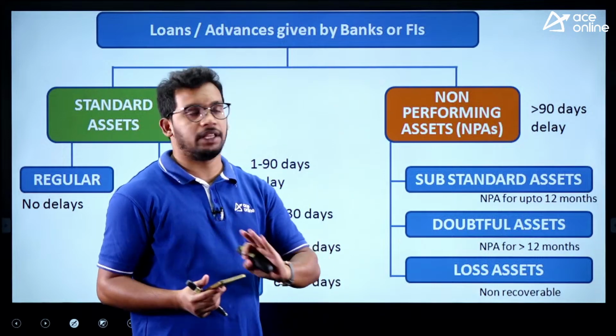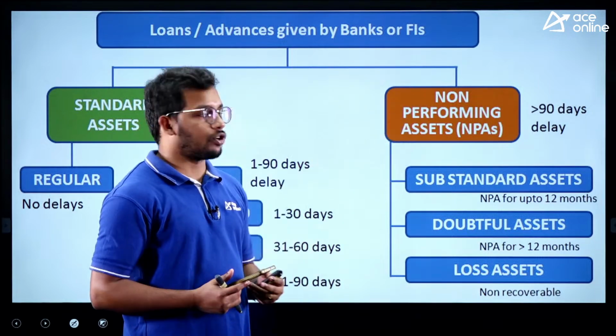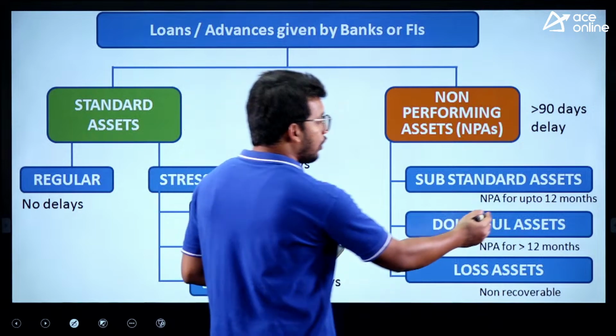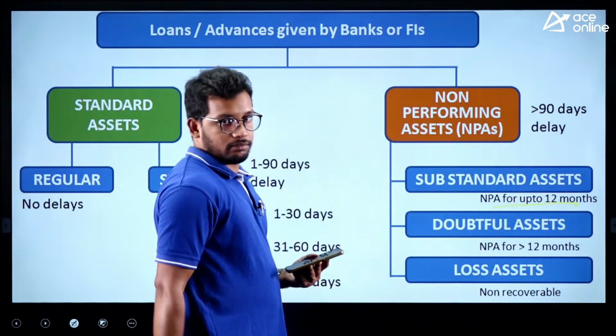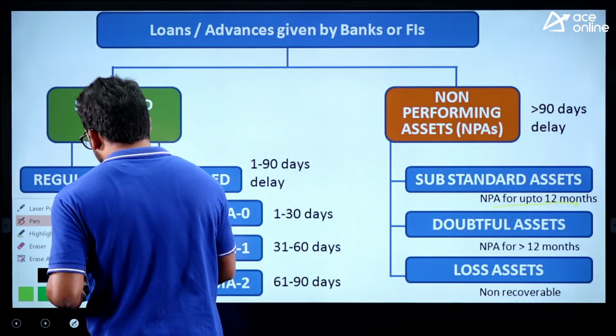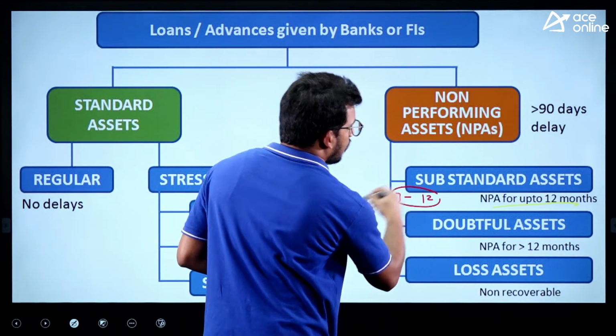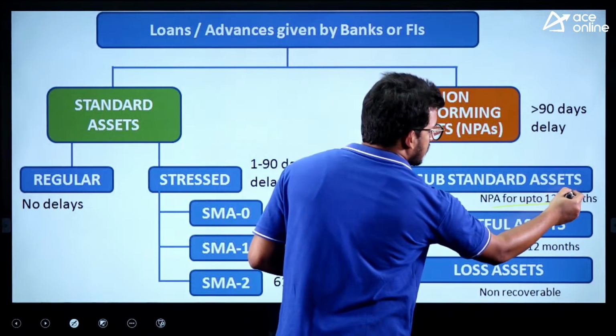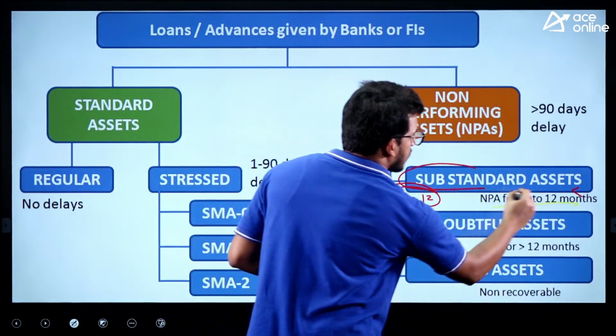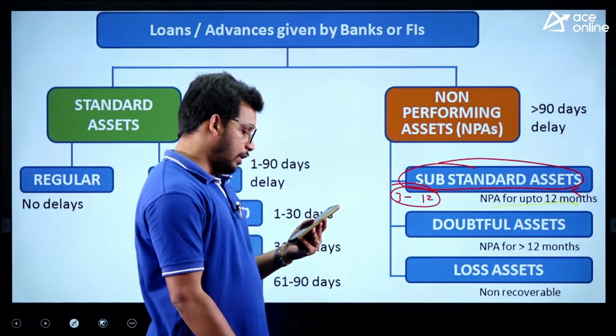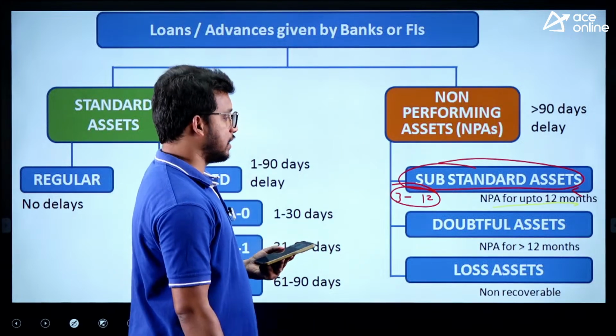If I don't pay from 3 months up to 1 year, less than 12 months, that is called a substandard asset.